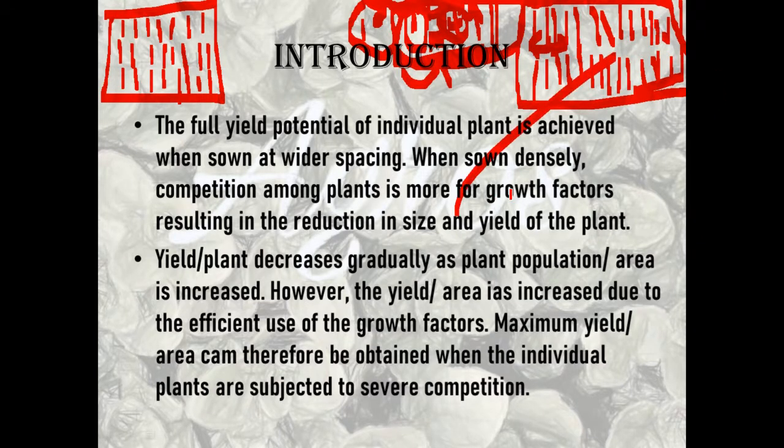So when I consider it as a whole, there is a competition among these plants for the nutrients and growth factors. So there is an efficient use of these growth factors, and hence the average yield will be maximum in this condition, and it would be best for this land.